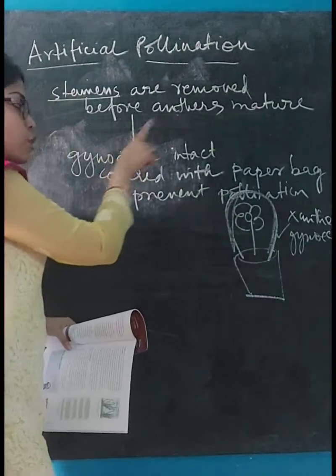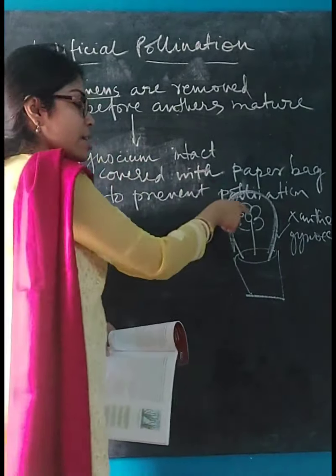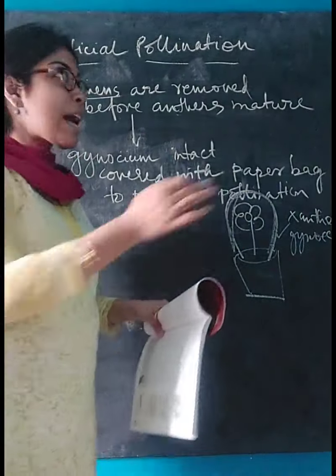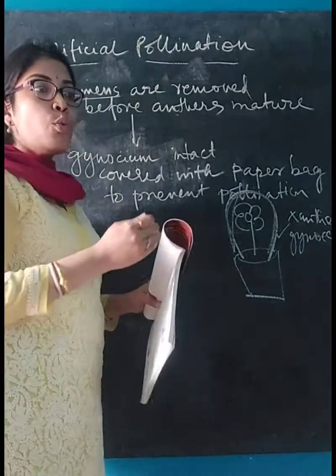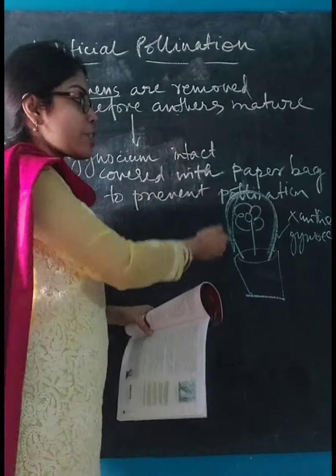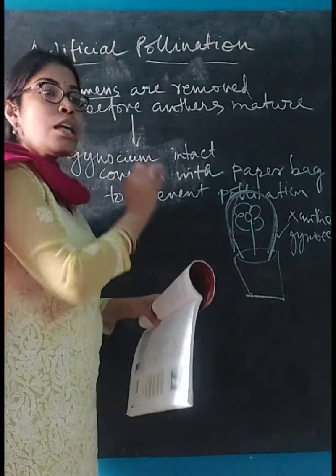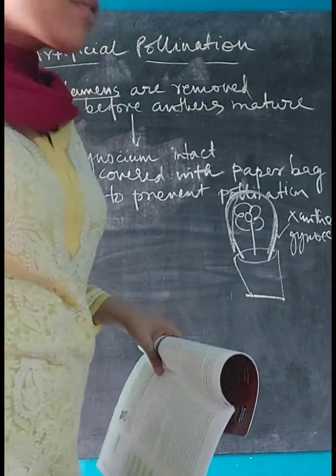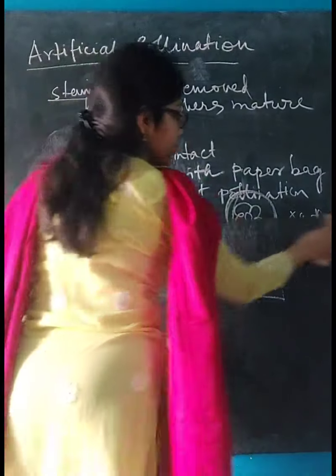And since the gynoecium is already there, if pollen grains are dropped on this flower, what will happen? Natural pollination will take place and our whole process will be hampered. So we are trying to do artificial pollination. If natural pollination already takes place, this process does not make any sense. So what we have to do is, we have to prevent natural pollination.